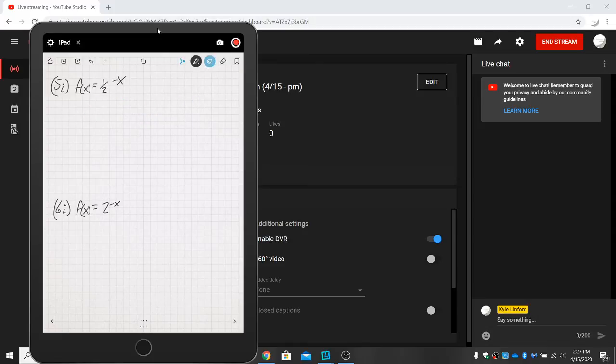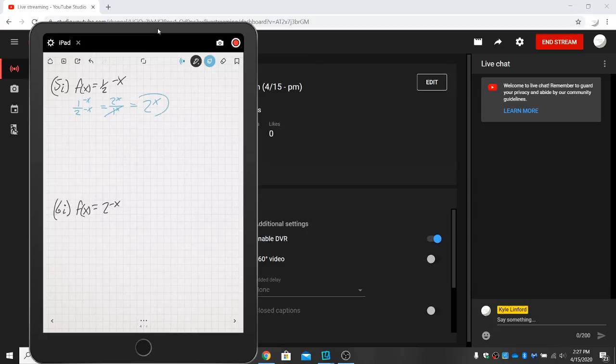When it's 1/2 to the negative x, remember, 1 to the negative x power means move down to the denominator, and 2 to the negative x power means move up to the numerator. What's 1 to any power? It's just 1, right? So 2 to the x. There we go. So that's another way of thinking about this.